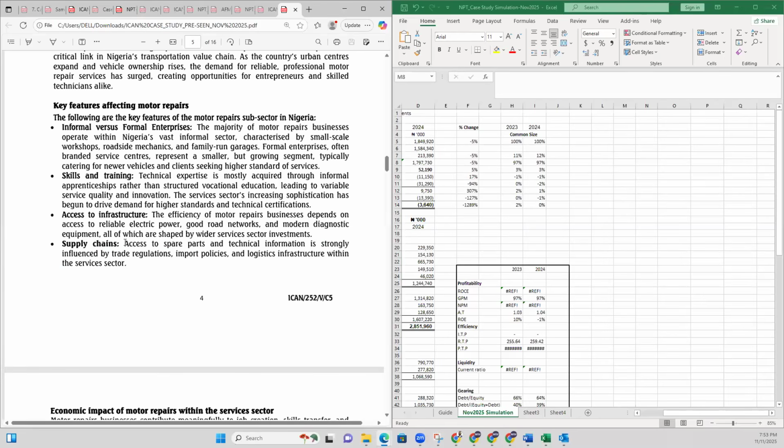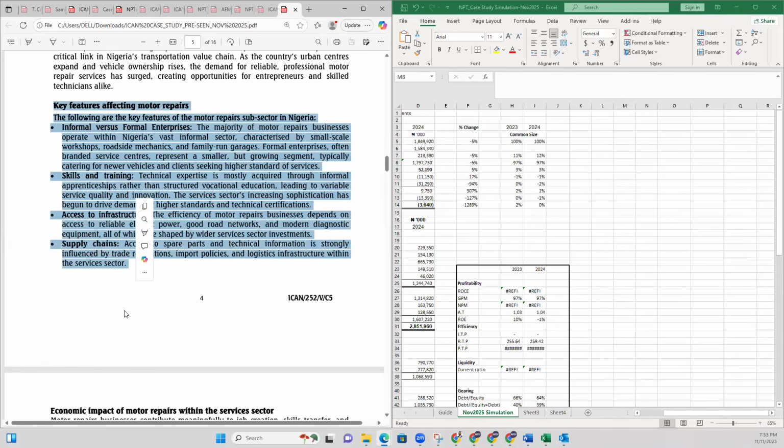But the fact remains that those people have a very low percentage of coverage in the sector. The bulk of the sector still represents those 90% guys who rely on a typical Ladipo market to buy spare parts. And that summarizes the key features of that sector.